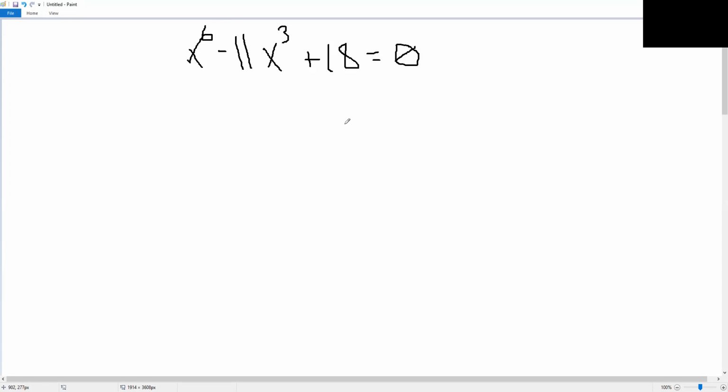So the first thing you do is we're going to find a common x power. What do you mean by that? So we have an x to the 6th here, and we have an x to the 3rd.